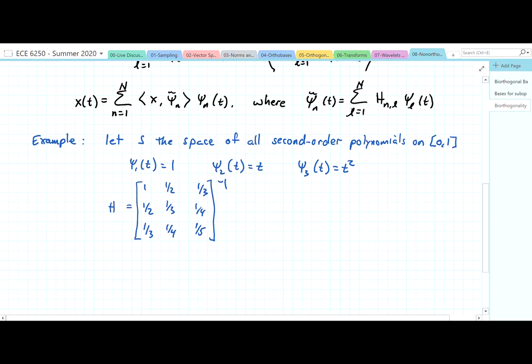In other words, it's the inverse of the Gramian. The standard inner product of psi 1 with psi 1 is 1, psi 1 with psi 2 is 1/2, and so on and so forth.